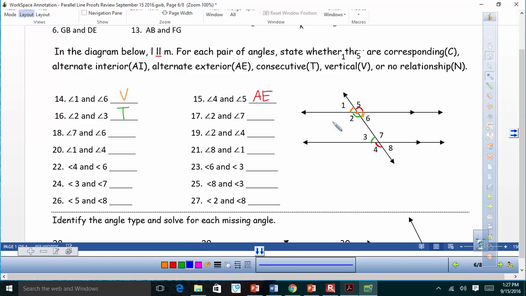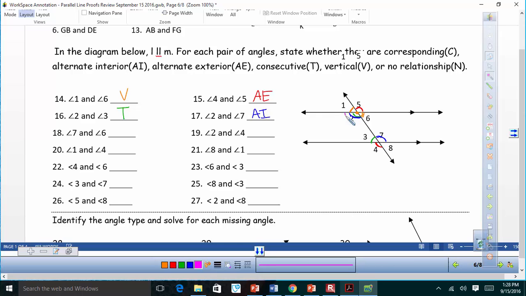Now, 2 and 7. So 2 is here, and 7 is here. What would these be? Alternate interior. Very good. They're both inside the parallel lines on opposite sides. Okay. What about 2 and 4?